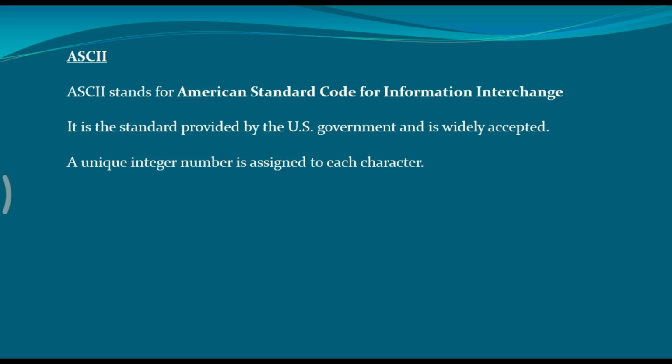ASCII is a unique integer number assigned to each character. In ASCII code, there are unique numbers for each character. There are two types of ASCII, ASCII 7 and ASCII 8.